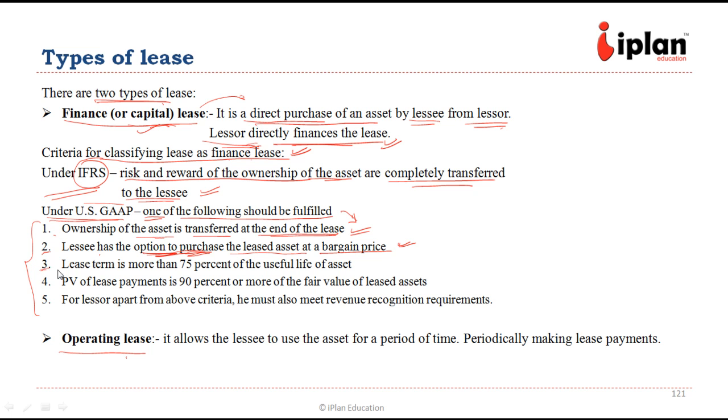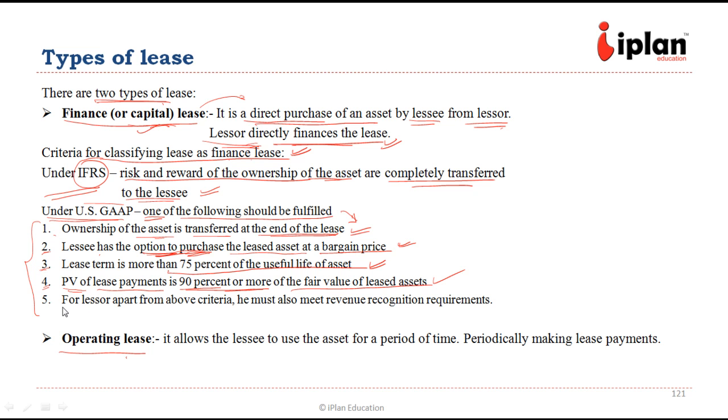Third condition is if the lease term is more than 75% of the useful life of the asset, then also we can categorize it as capital lease. Fourth condition is if the present value of lease payments is 90% or more of the fair value of the leased asset, then also we can categorize it as capital lease or finance lease.